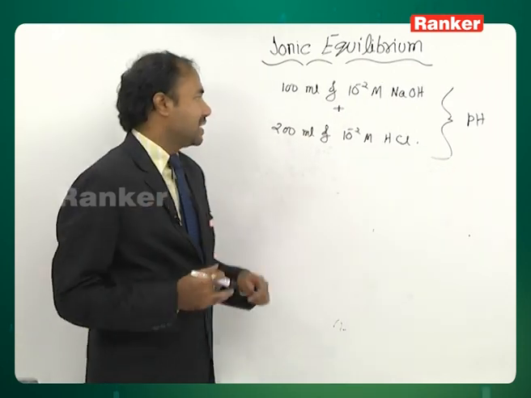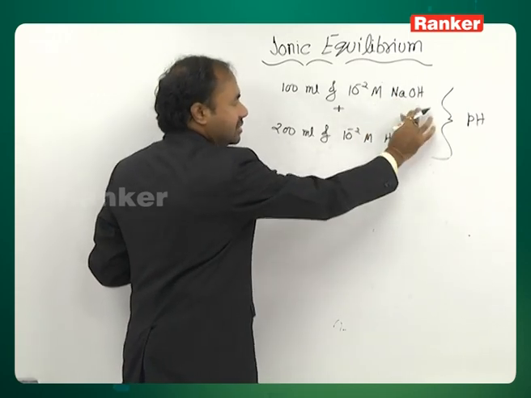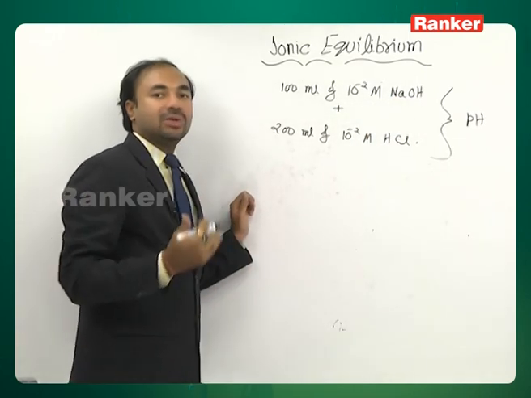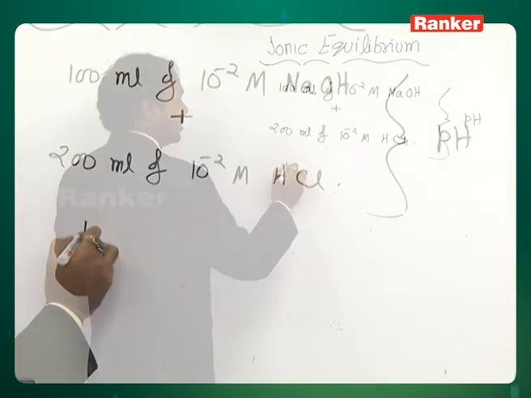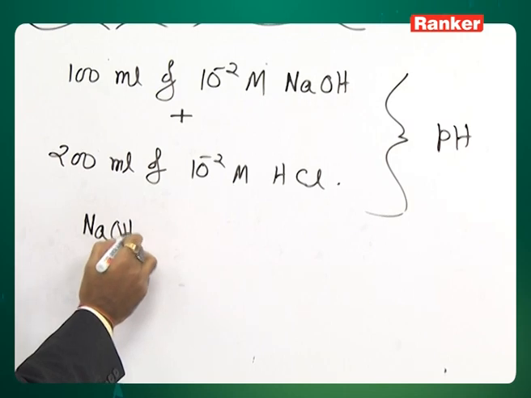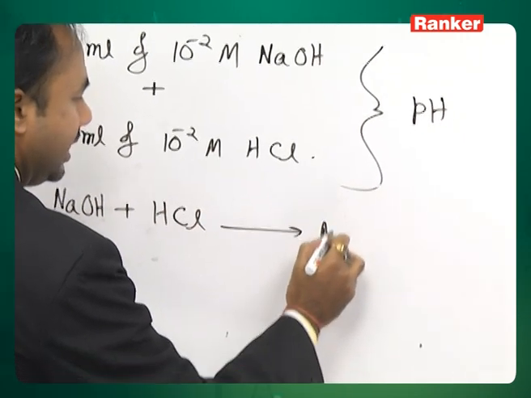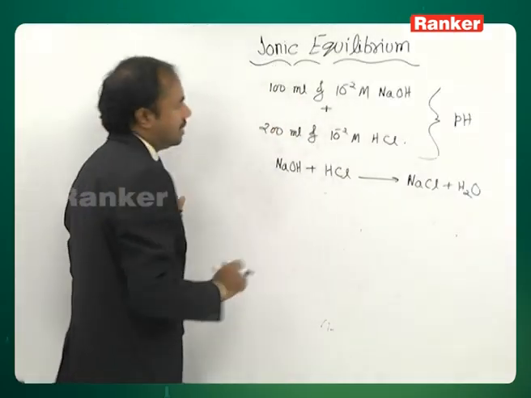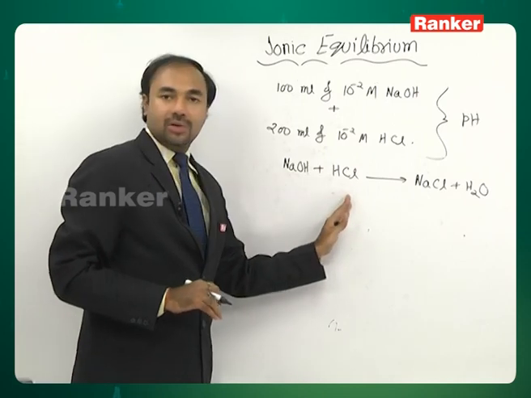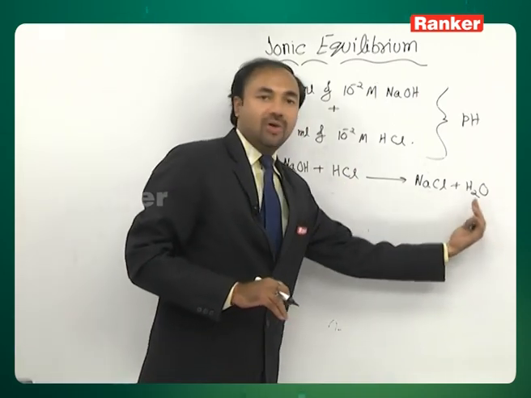How to do this? See, once you mix these two, this is a strong base, this is a strong acid. So obviously both are going to react immediately. Reactions are very fast, you know it. So we have NaOH plus HCl, and we get here NaCl plus H2O. This is the molar ratio. 1 mole of NaOH reacts with 1 mole of HCl to give 1 mole of NaCl, 1 mole of water.